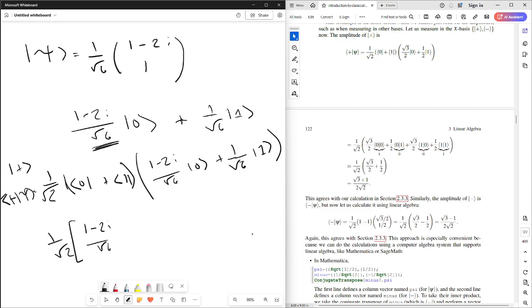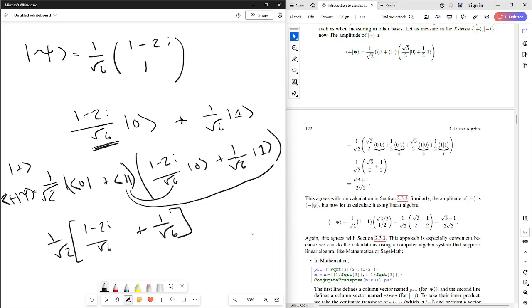Bra 0 times ket 1 equals 0, so that's gone. Bra 1 times ket 0 is 0, so that part's gone when we distribute it. And bra 1 ket 1 is 1, so plus 1 over square root of 6.